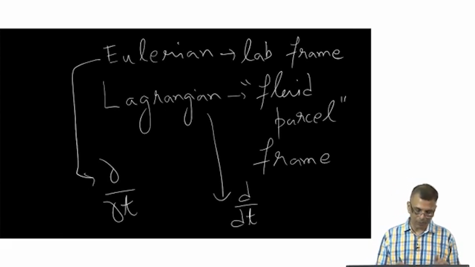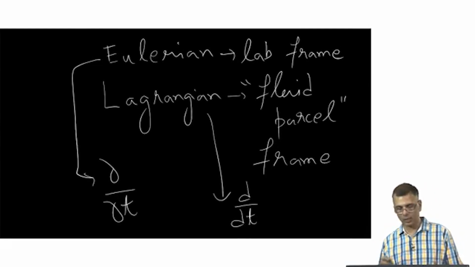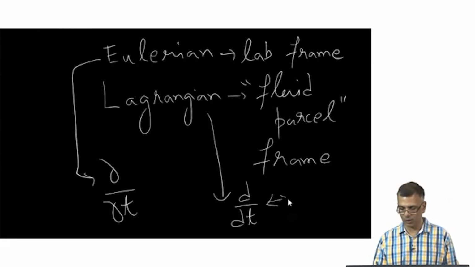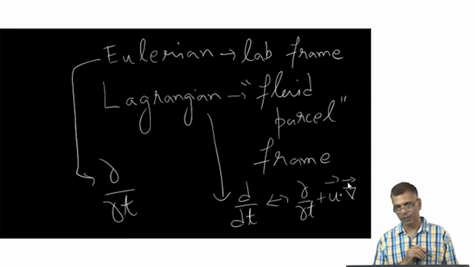Okay, so think about that, and we also made the connection between the two kinds of derivatives, the connection between this and this, like that. You recall we made this connection, right?